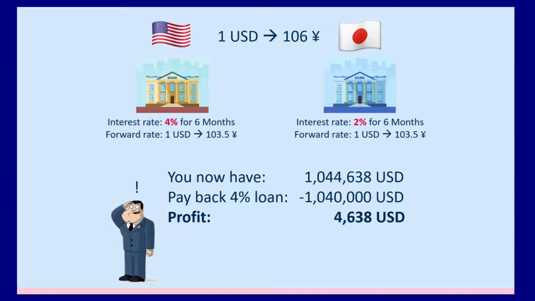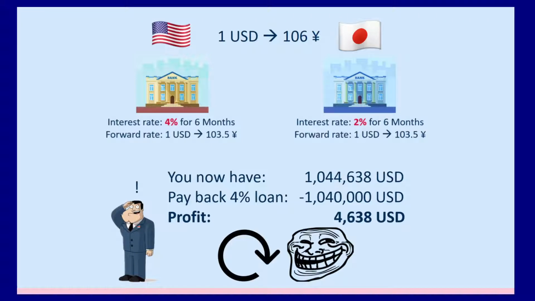So you have to pay back 1,040,000, which means you made a profit of 4,638 US dollars. And you might say, okay, for a company or an investment bank, is this a lot? Maybe not, but I mean, you can repeat and repeat and repeat and get rich. So this is how interest rate arbitrage would work.